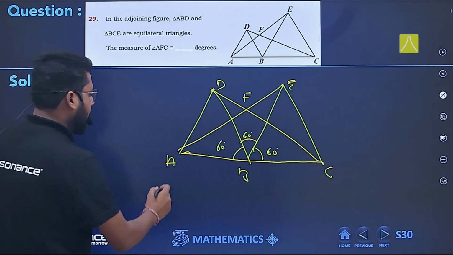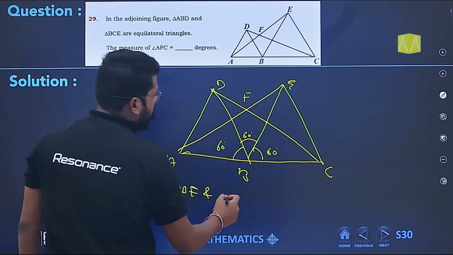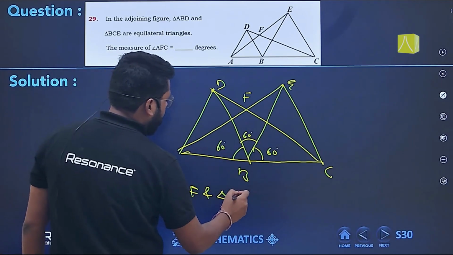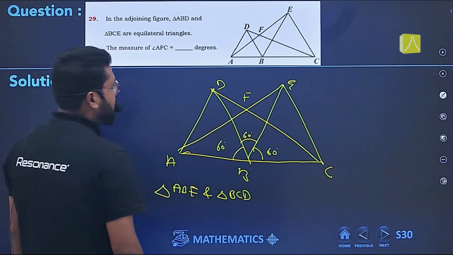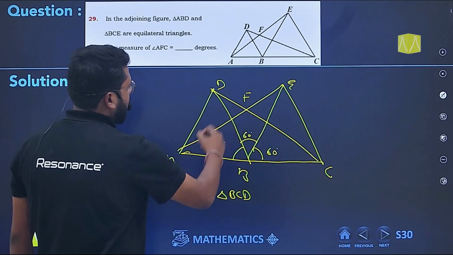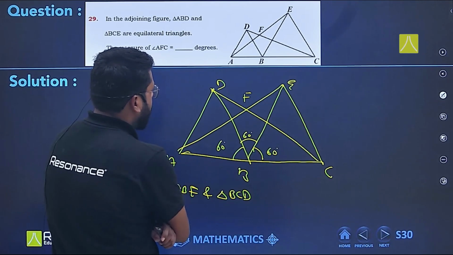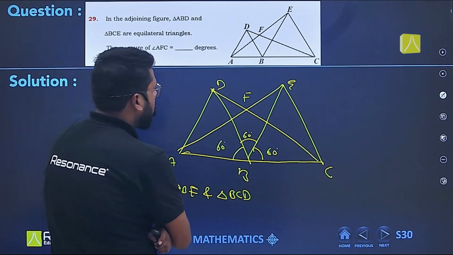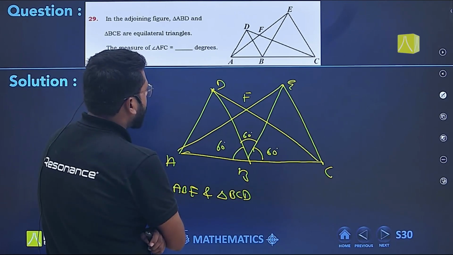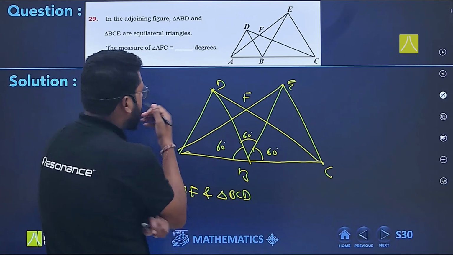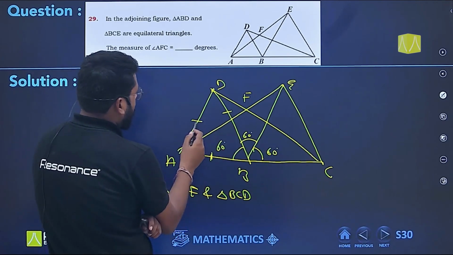Okay, and in triangle ABE and BCD, you see these two triangles are congruent. Why? Because ABD and CBD are equilateral triangles, so all three sides are equal. These are congruent by SAS. For ABD, this is equal to this, all three are equal.